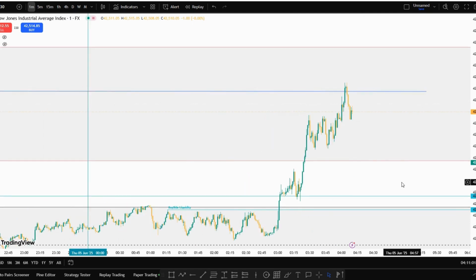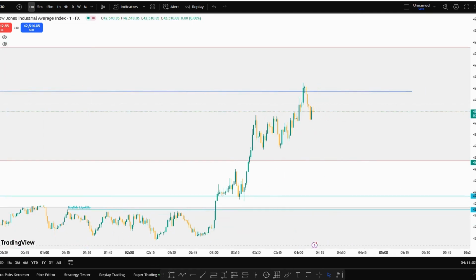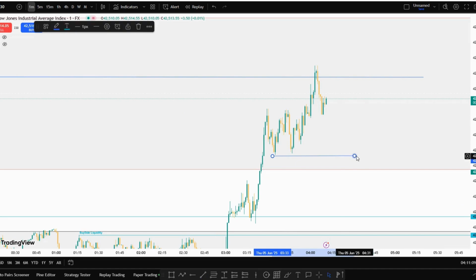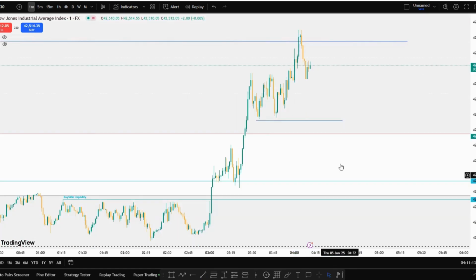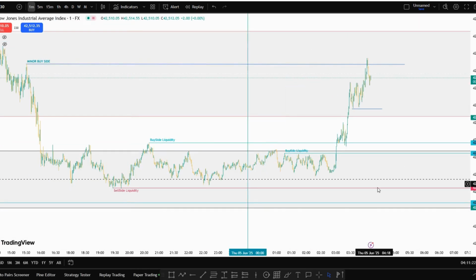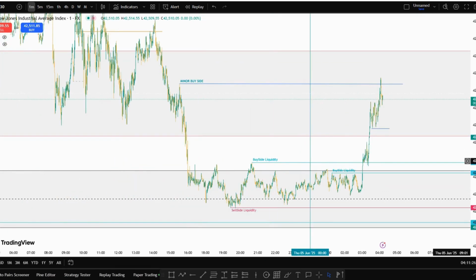So I'd be monitoring this price to see if price is going to give me a shifting structure. A shifting structure would be around this level in price, right? So I want to see good displacement away from this level and then probably trade into a fair value gap, and that's where we could potentially look to ride it down to take the sell side, right?